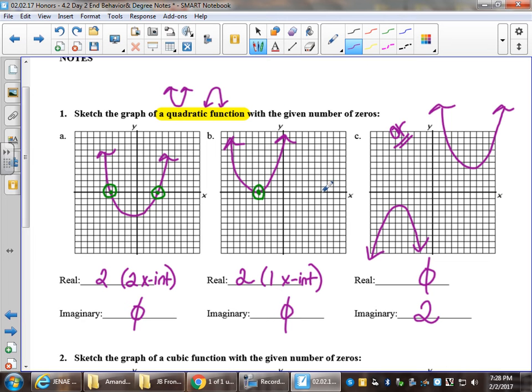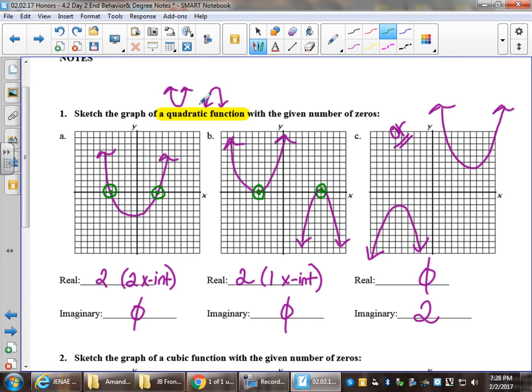If you wanted to add a second example for this one without interfering with that graph, it could open down and sit right on the x-axis. The vertex is right on the x-axis. I'm not going to draw a second example for this one because I don't want it to conflict with what I drew right here.